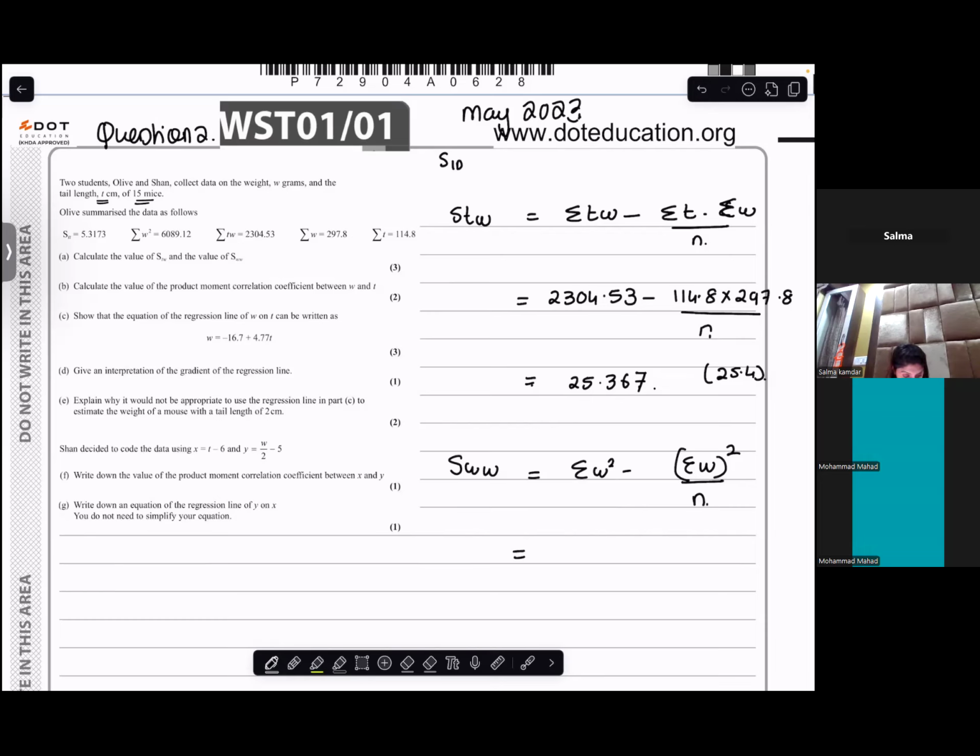Sigma W squared is 6 0.89, sigma W is 297.8, the whole squared divided by 15. So this is going to give me 176.797, or I would say it is equal to 177.